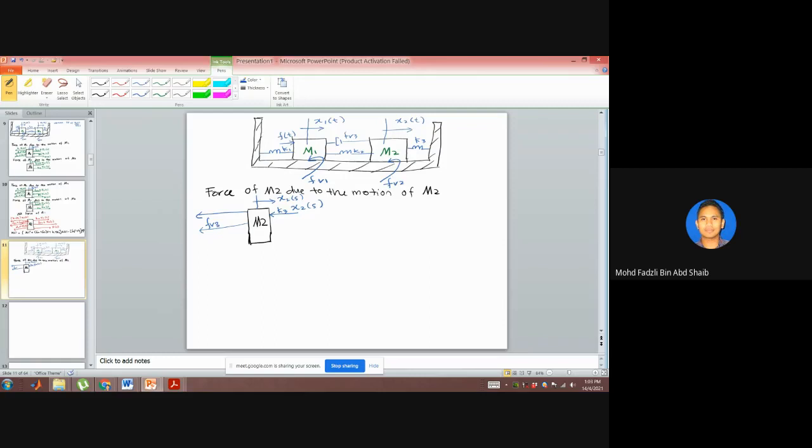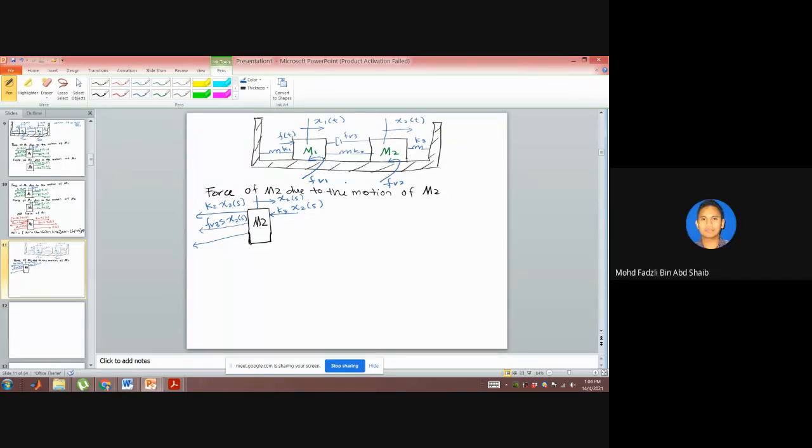FV3 s, X2 s, right? Not X1, X2 s. Okay, we have FV3. Then we have K2, K2 X2 s. Okay, we have FV3, we have K2. Come on, what we have here? We have the friction.